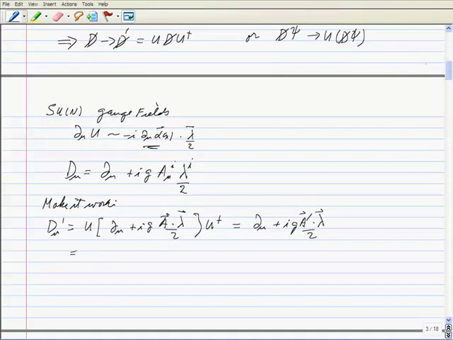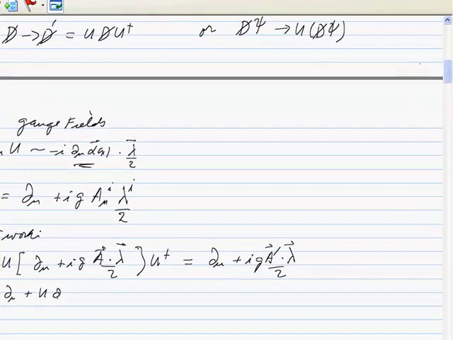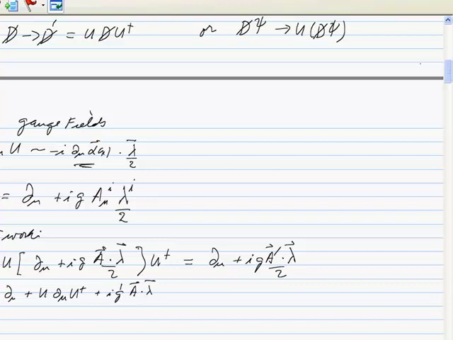On the left side, the derivative doesn't have to act on the U's, but it could. So there are two pieces: plus U d mu U dagger, and then plus i g U A dot lambda U dagger over 2.